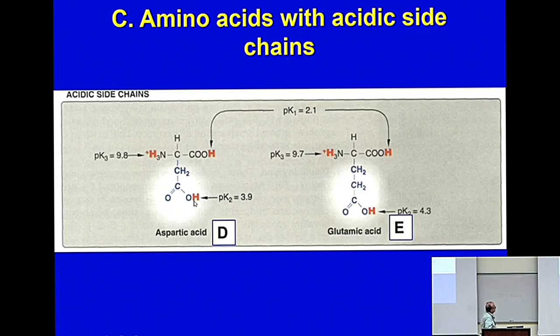That carboxylic group will most likely be dissociated at neutral pH, and therefore the net charge here will be minus. That H plus dissociation gives you a COO minus, and when you go to COO minus, aspartic acid technically is called aspartate. That means the proton has dissociated.